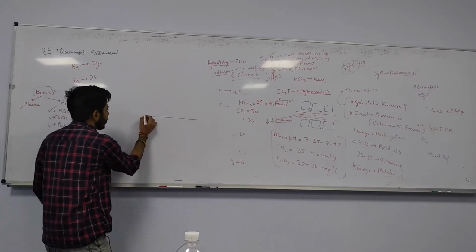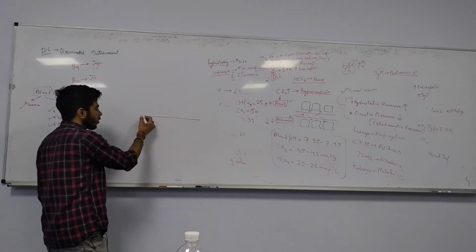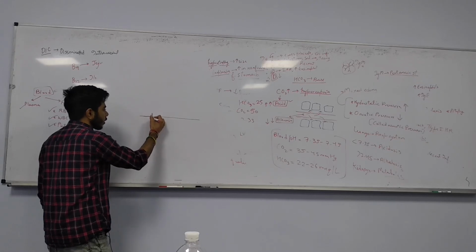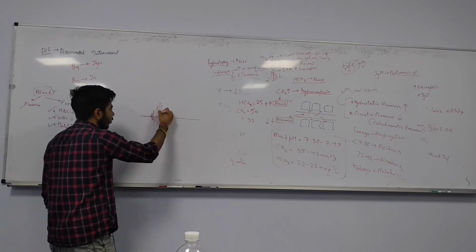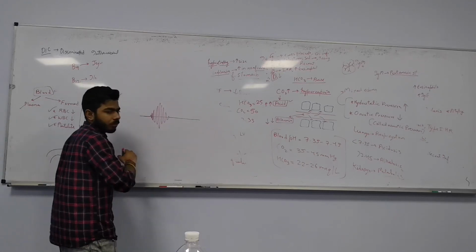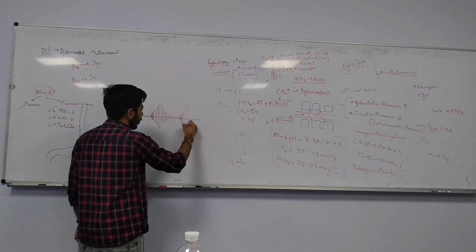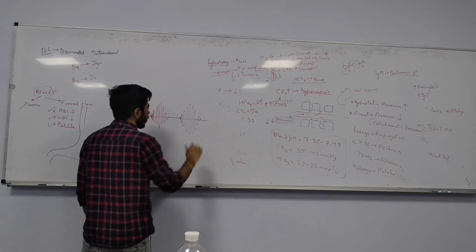If the graph is going flat like this, it means no breathing. So this is the apnea stage. You start to take inspiration, expiration, inspiration, expiration, inspiration, expiration. This is increasing, and then slowly it is decreasing, and then again apnea, and then this cycle repeats.